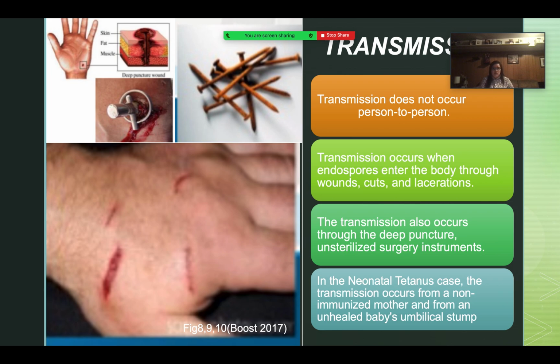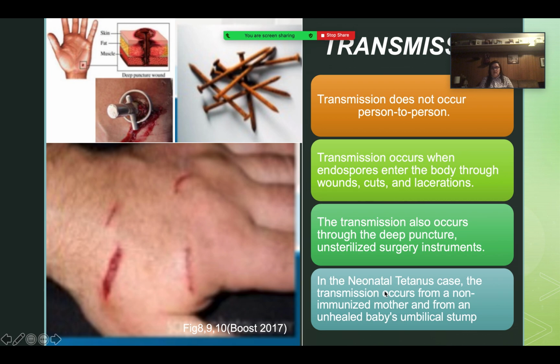The transmission occurs when the Clostridium tetani endospores enter through wounds, cuts, and lacerations. The transmission also occurs through deep punctures and unsterilized surgical instruments.